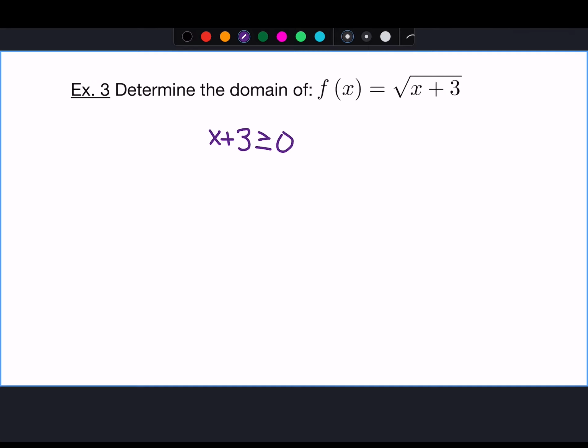And then we solve for x. Just an inequality, we've done that, right? How do we do it? Subtract 3 from both sides. And we get x is greater than or equal to -3.